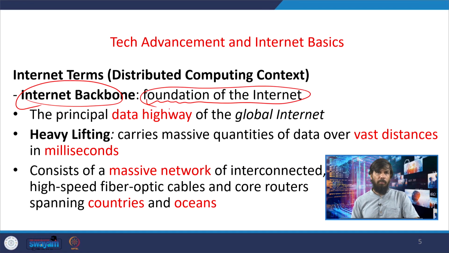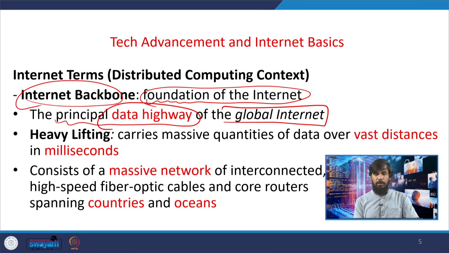Because of this internet backbone, connectivity between the continents and across the globe is actually feasible. So the internet backbone is like a principal data highway of the global internet, right.